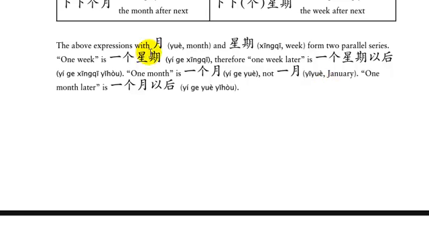So here's what you use to do that down below here. We have 一个星期以后. You remember 以后 means after. So we have 一个星期以后, or 一个月以后, one month after, one month later.